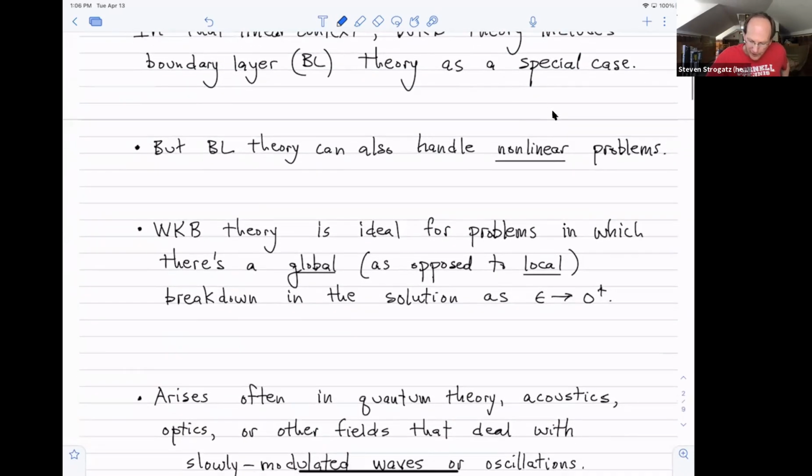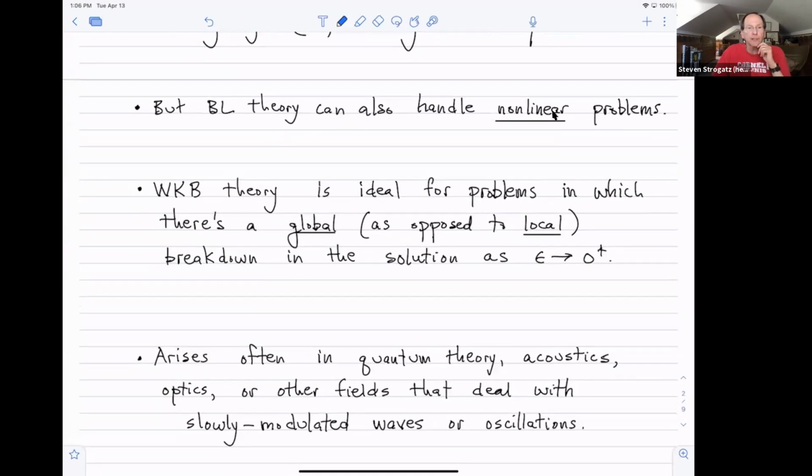As far as where this was invented and where you use it, WKB theory comes up when you're dealing with linear waves, especially when they have some kind of slow modulation of their amplitude. In other words, there's a fast oscillation and then an envelope that's varying slowly.